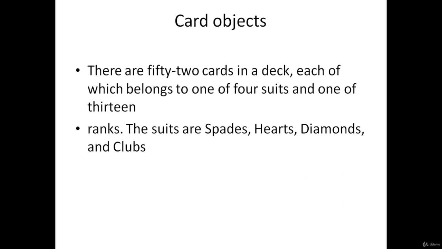The ranks are Ace, 2, 3, 4, 5, 6, 7, 8, 9, 10, Jack, Queen, and King, depending on the game that you are playing. An Ace may be higher than King or lower than 2.